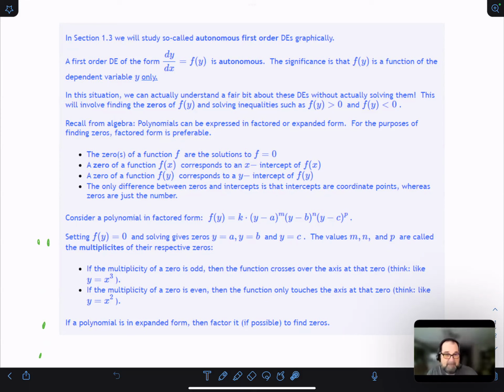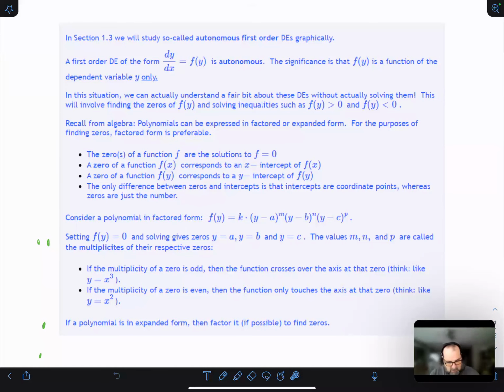In a function f of x, a zero of the function corresponds to x-intercepts of the function. In a function f of y, a 0 would correspond to the y-intercept of a function. And it's actually the second case that we will be more interested in. Mathematically, it really doesn't make any difference.